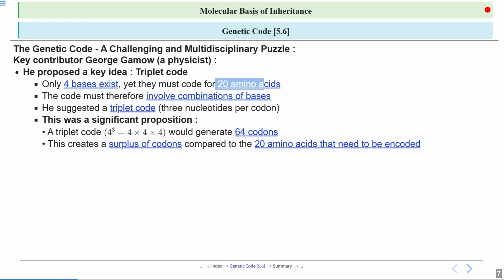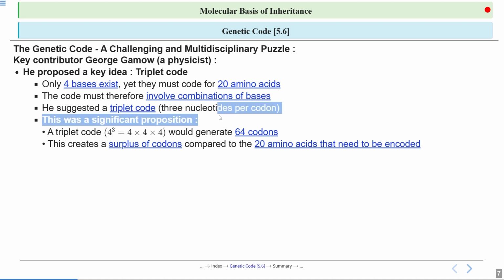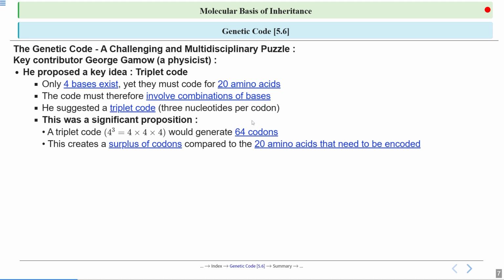If you say that only 2 nucleotides are coding for an amino acid, that is also not possible, because then it will be 4 into 4, and 4 into 4 is what? It is 16. We also know that 16 is less than 20 amino acids.